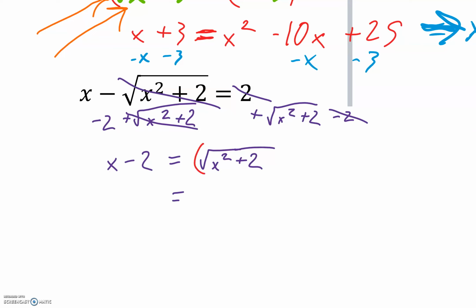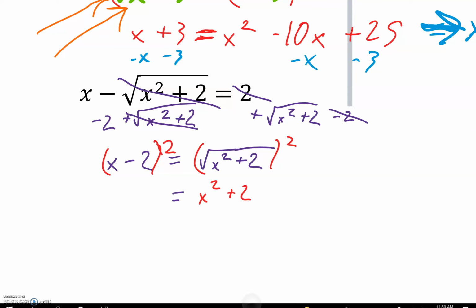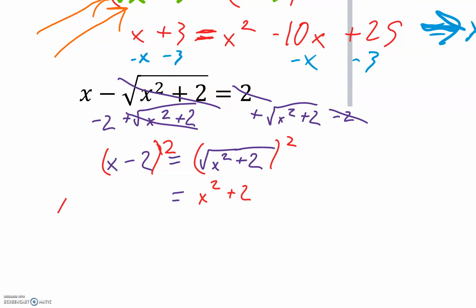Okay, so now what we're going to do is we're going to square both sides. This allows us just to get x squared plus 2 in here. Okay, and on the other side, it allows us to get x squared minus 4x plus 4.